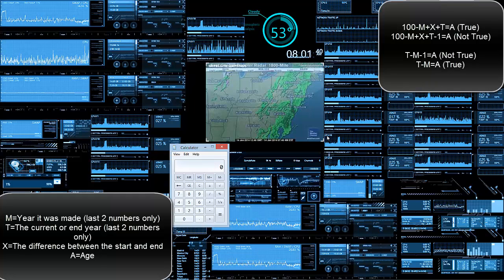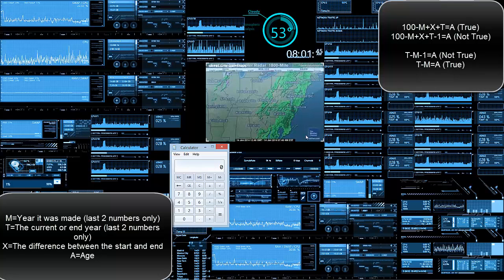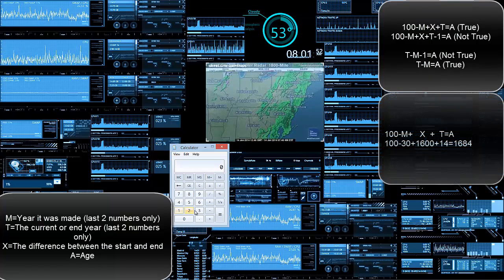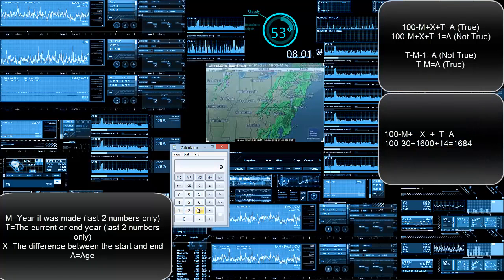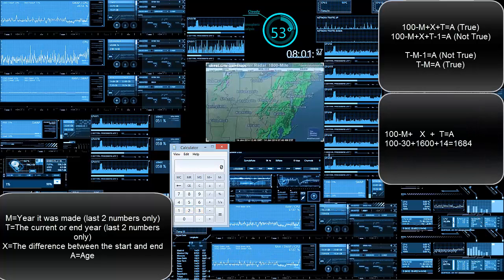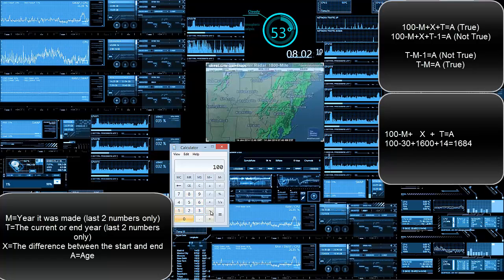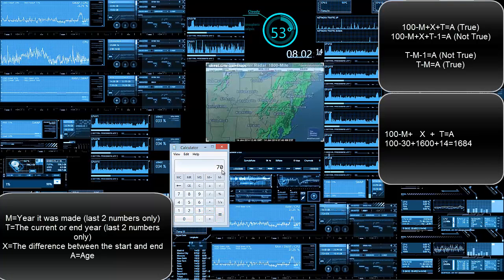Just to make it a little more simple to put another example out, let's say year 300. That's a pretty good example since 1,000 years has passed. Let's give it a 330. So 100 minus 30 equals 70. Simple.